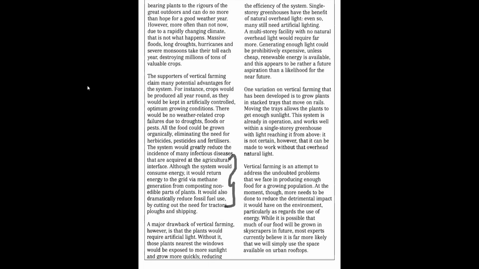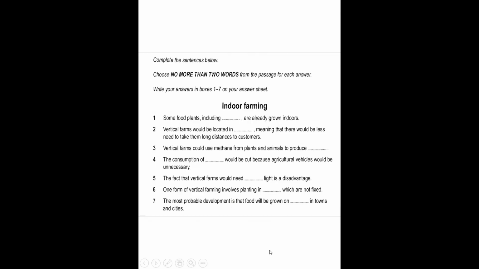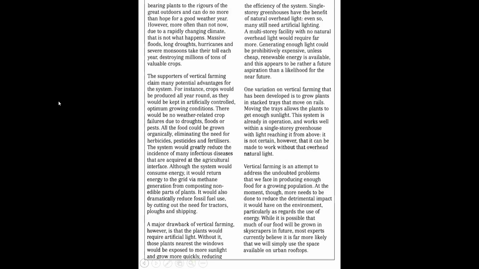Let's go back, read the question. Vertical farms could use methane from plants and animals to produce something. Like I told you, it's in this location. Although the system would consume energy, it would return energy to the grid via methane generation from composting non-edible parts of plants.